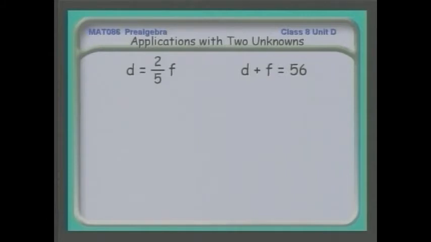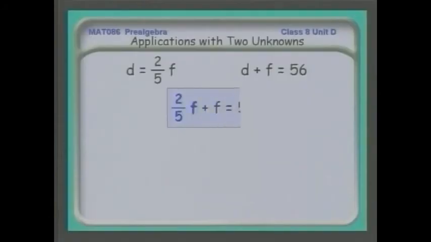D is the daughter's age. F represents the father's age. We know that the daughter's age is 2/5 of the father's age, and the daughter's age plus the father's age is equal to 56. We can't take any one of these equations and solve it just by itself.